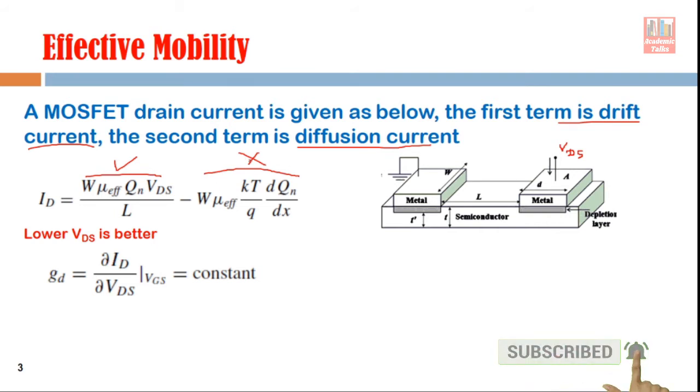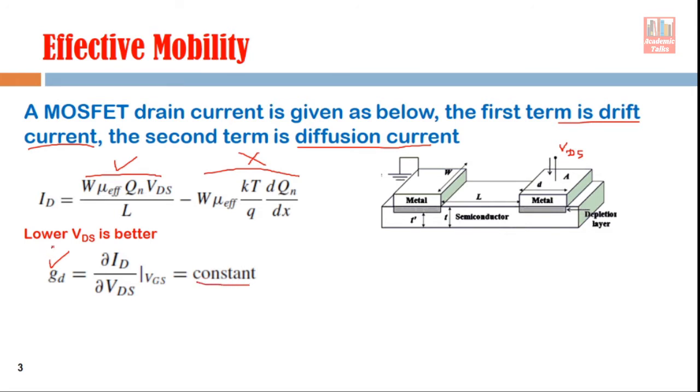Remember, this part is ignored now. If we differentiate ID with respect to VDS, we get the conductance GD. This is the drain conductance, or channel conductance, because we are talking about channel current and the voltage between drain and source, the voltage across the channel.